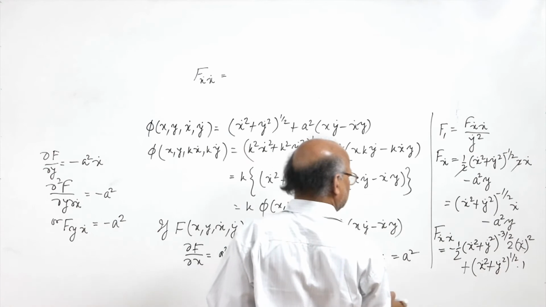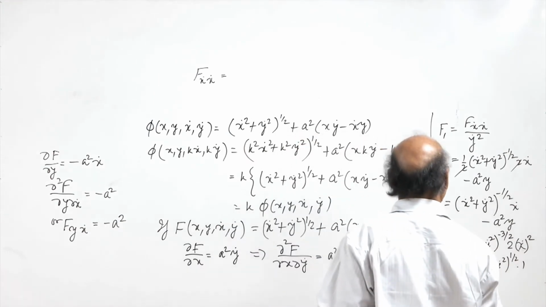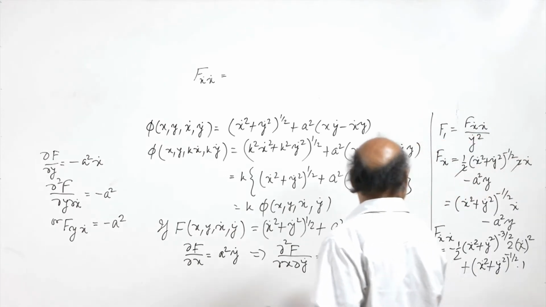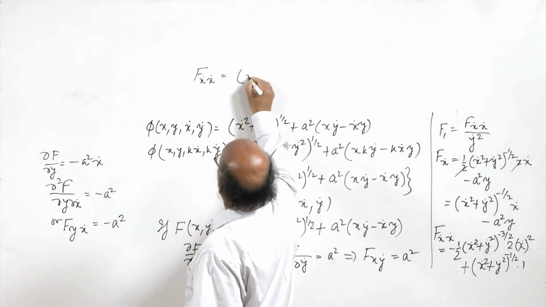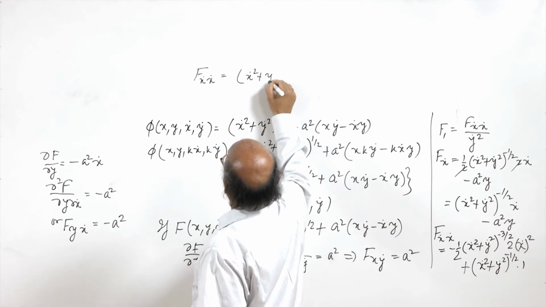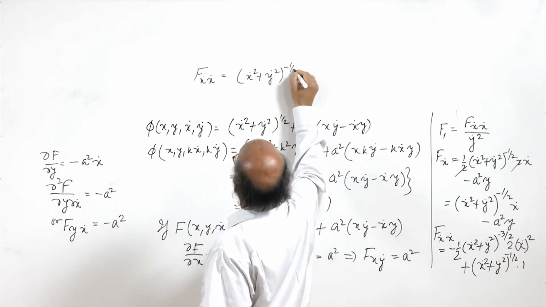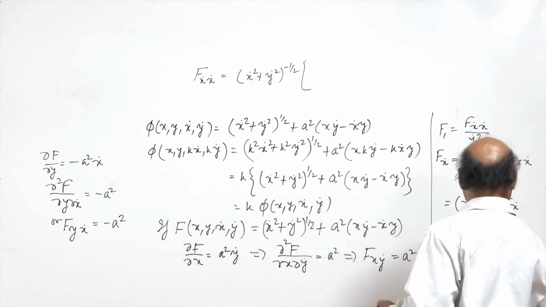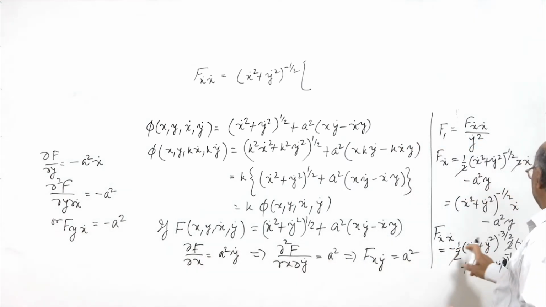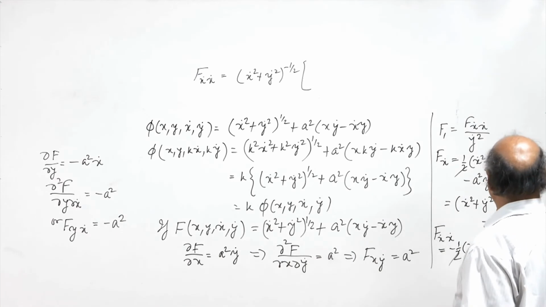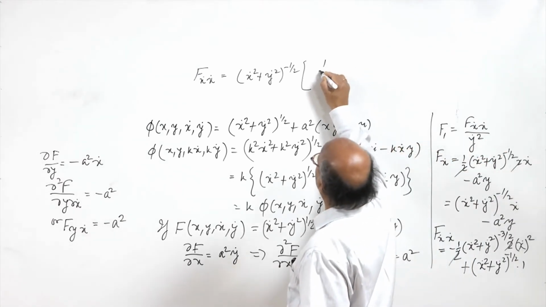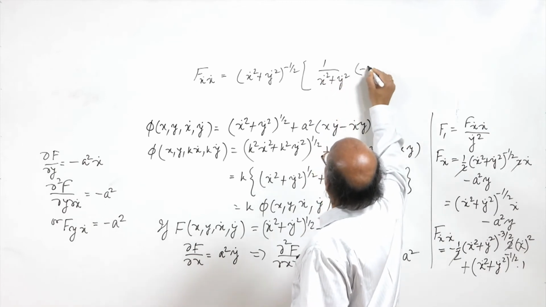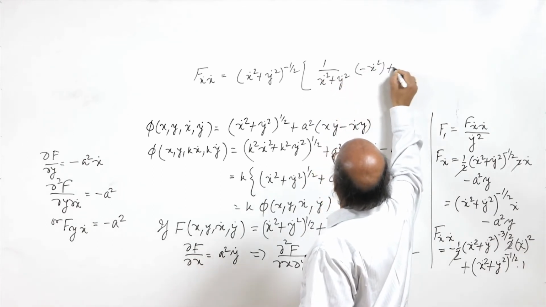We can simplify it. We can write it as, here it is minus half. So we can write it as (x dot square plus y dot square) raised to the power minus half, and here we will have minus x square plus y dash, okay, 1 upon x dot square plus y dot square minus x dot square plus 1.